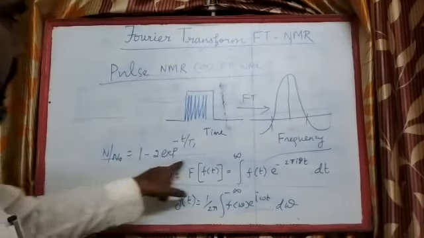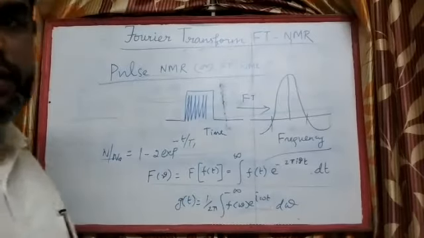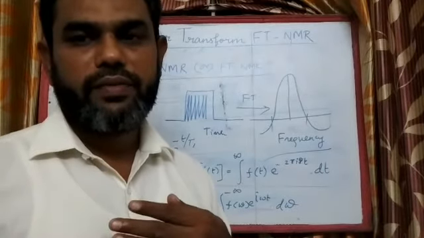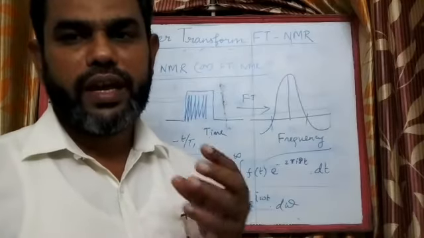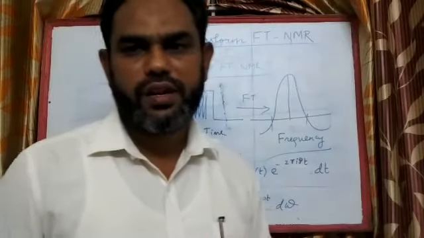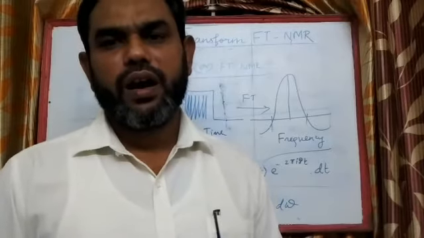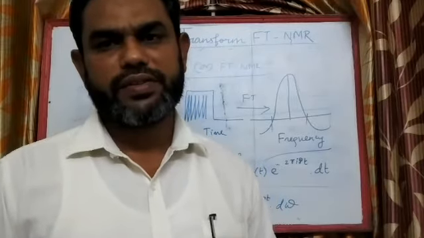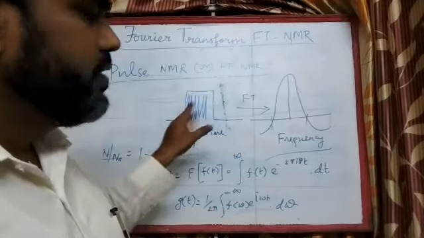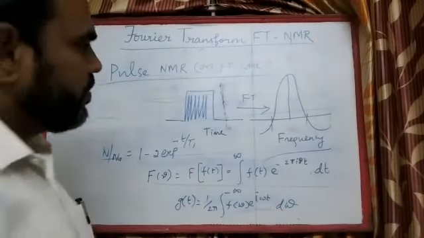This population change occurs upon resonating the nuclei by supplying a field, by supplying radiation of very high frequency in a very short duration of 10 to 100 milliseconds, or a few microseconds. In a very short duration of time, a high frequency radiation is given out, so that it will cover frequencies of all ranges.